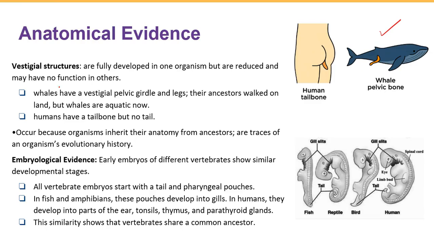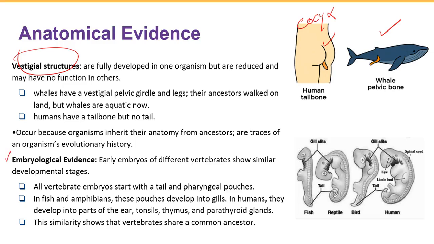Humans have a tailbone, which is called the coccyx. We don't actually have a tail anymore, right? But the coccyx is our tailbone. Vestigial structures are like evolutionary leftovers, telling us about our history.